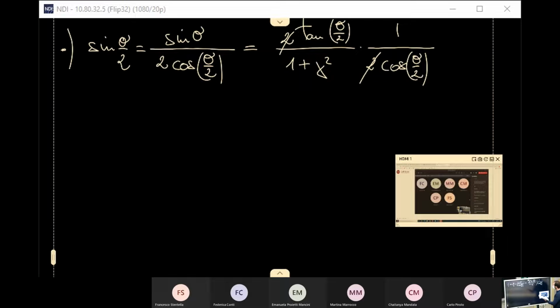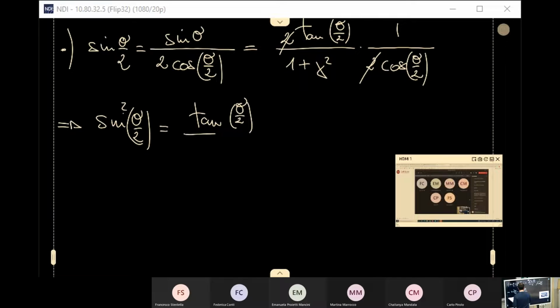Now what we do is basically multiply both sides of this equation, so the left and the right-hand side, by the sine of theta divided by 2. So this means that the sine of theta divided by 2 squared is equal to the tangent of theta divided by 2 over 1 plus gamma squared.